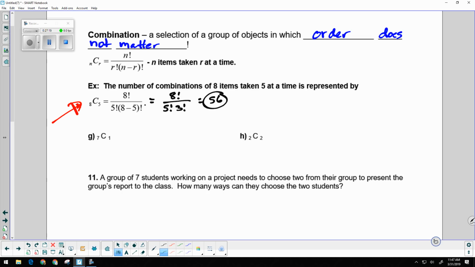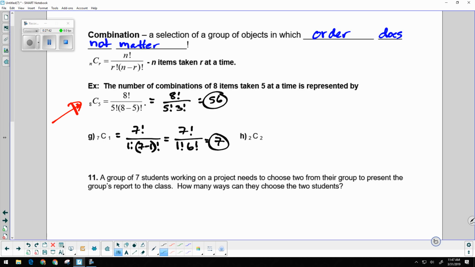In part G, this would be 7 factorial over 1 factorial times 7 minus 1 factorial. So it's really 7 factorial over 1 factorial times 6 factorial. You do all that work and you get 7.